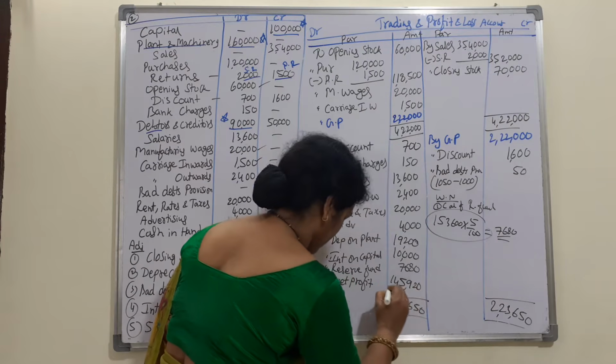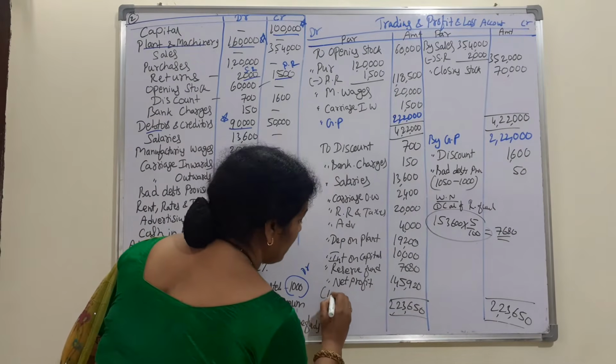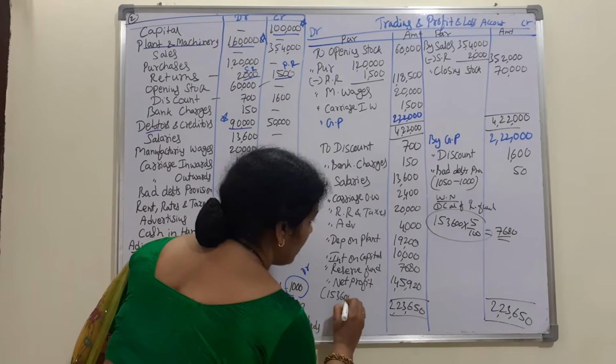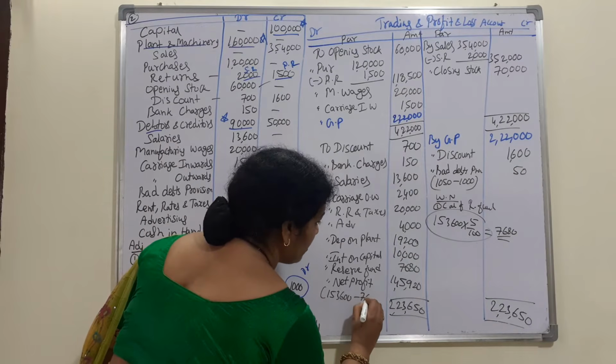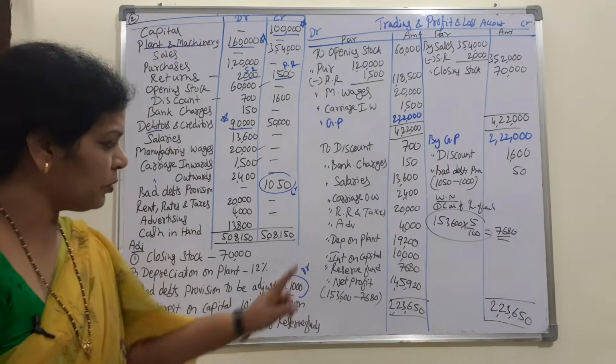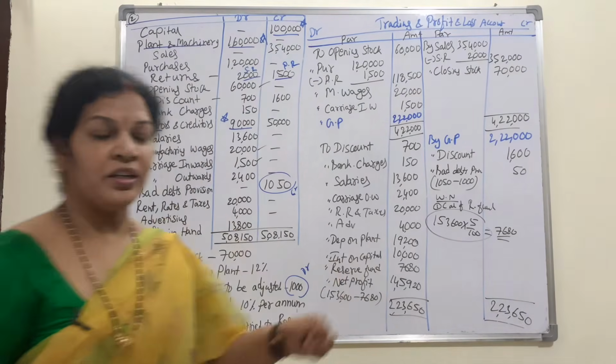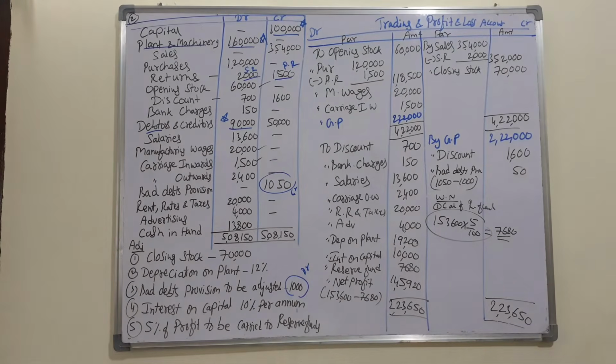So this net profit, how did you get it? 1,53,600 minus 7,680. So up to here, if you are clear, then we can go ahead. You can take a screenshot or note down.